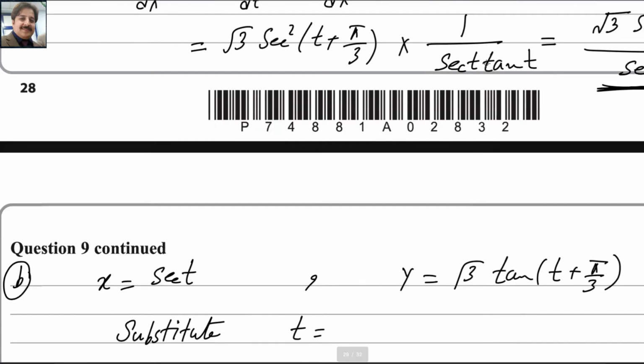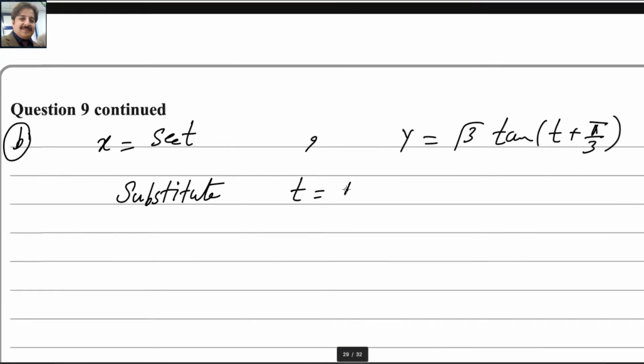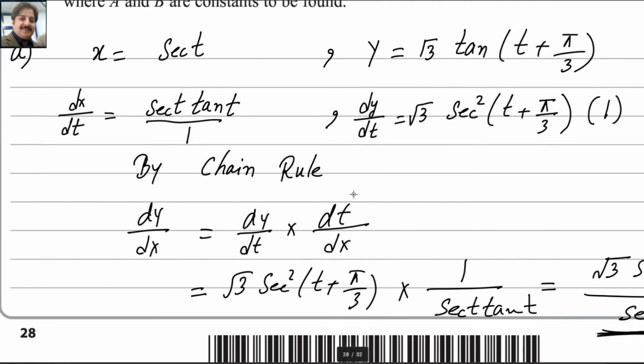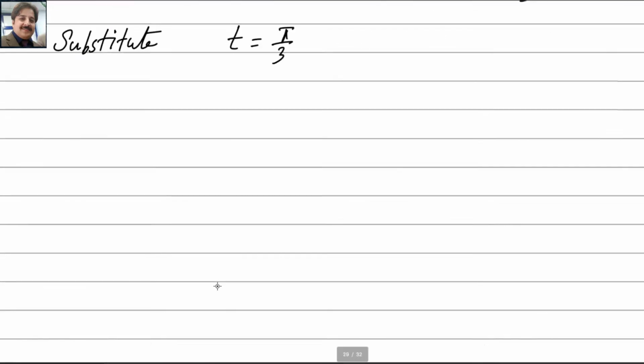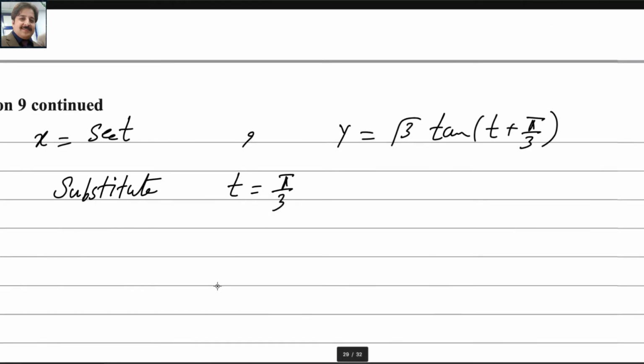So use t equals pi by 3 in these two equations to get the point. Then we will find the equation of the tangent there. And here this is the gradient. You could find the gradient as well by using this equation. Hopefully you understand this step. That's it. First of all, get the point.